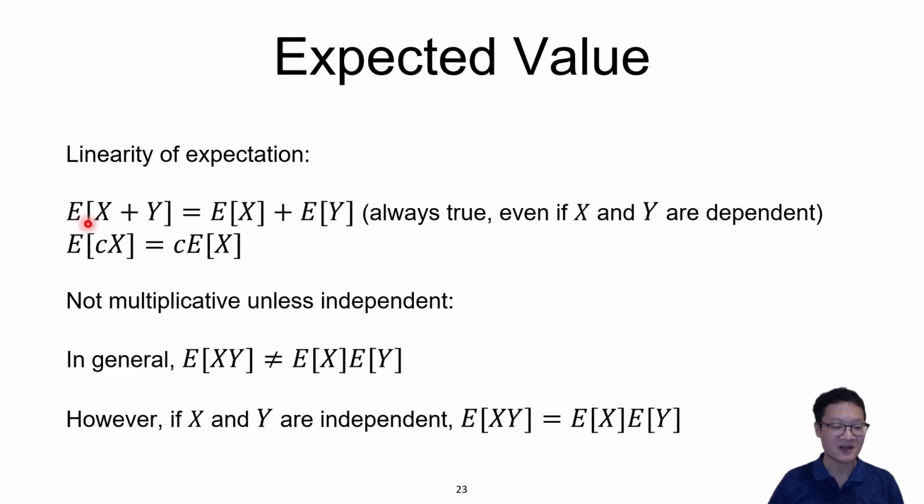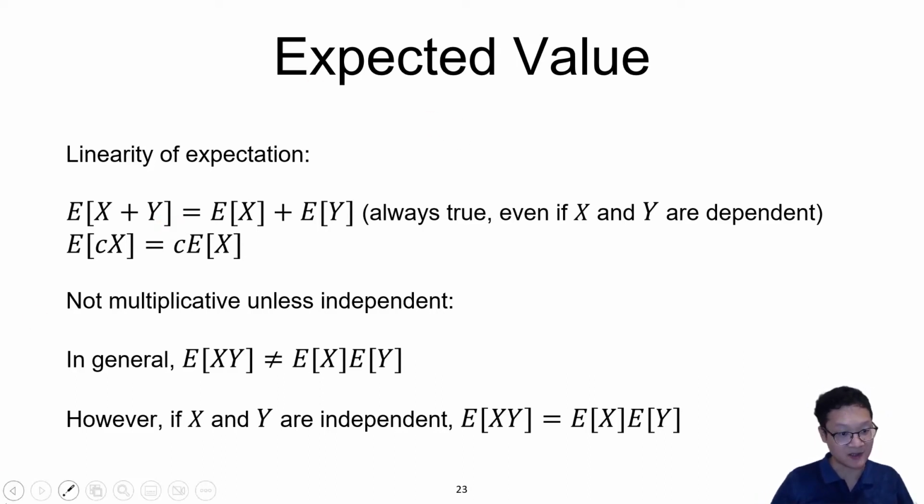So for example, expectation is a linear operator. So linear means that you can scale by a constant or you can add, and then the expectation would also be added as well or multiplied by a constant. So basically the expectation of a linear combination of variables is actually the linear combination of the expectations. So that would be the more general thing to write here.